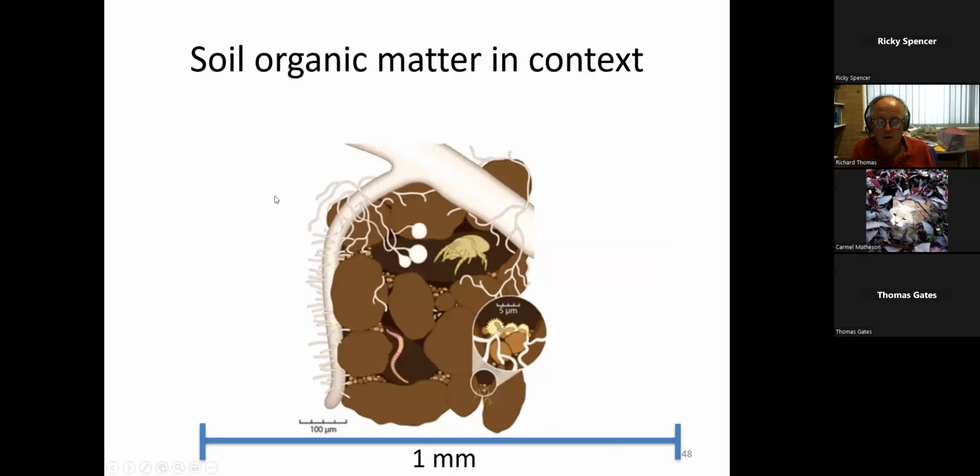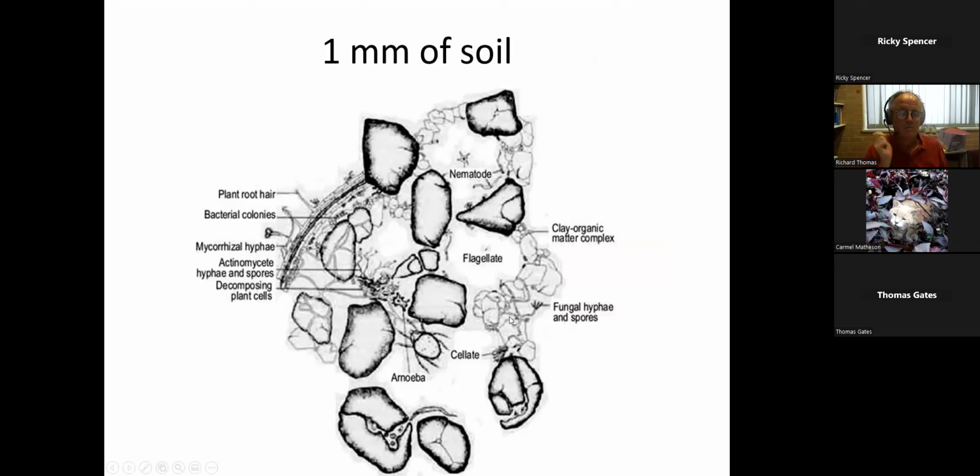So if we're looking at the scale of where the organic components are, what we're really interested in terms of research work is the mycorrhizal fungi, and we're talking about the scale of microns. Within a millimeter of soil, we have huge variations both in particle size and in the mycorrhizal fungi that will be active inside the soil.